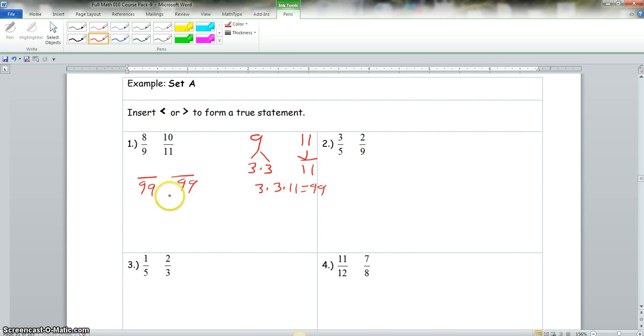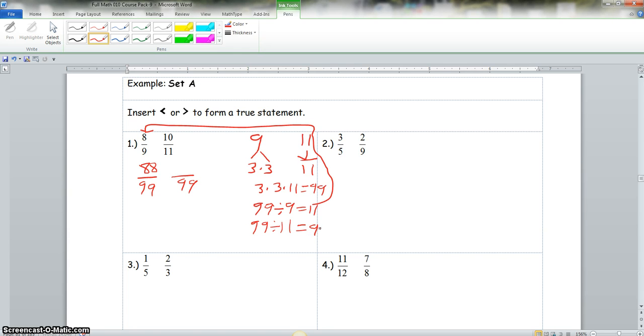Now again, we go back to what we did before. We take the new denominator divided by the original denominator. So we take 99 divided by 9, which gives us 11. So we take this 11 and we multiply it by this 8. 11 times 8 is 88. Next, we take the new denominator again, divided by the original denominator. 99 divided by 11 is 9.